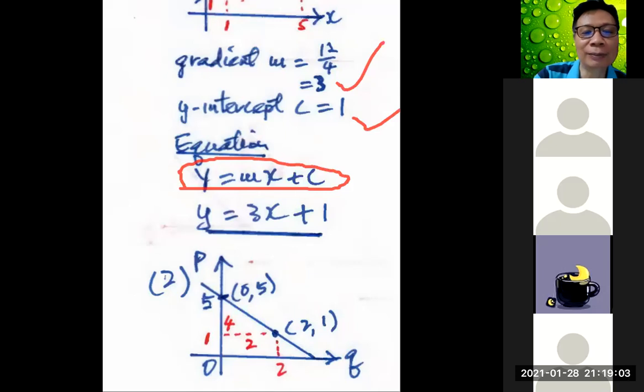Alia say gradient 92. Yes, correct. Jia He, you got one small mistake. The gradient not correct. Jia He, check your gradient. Yeah, so many of you give the answer.